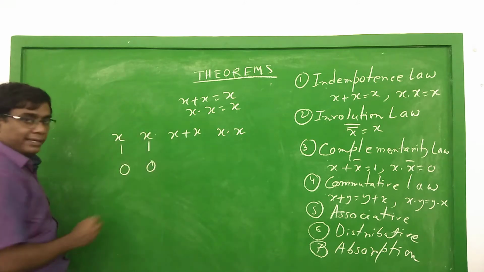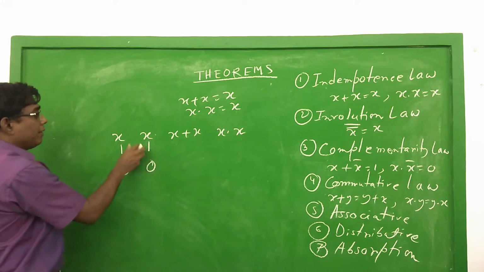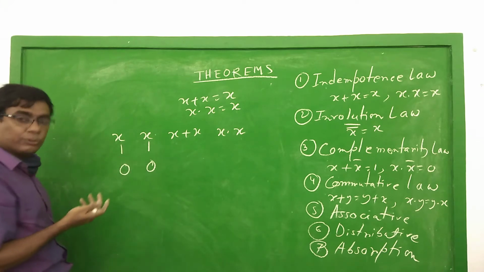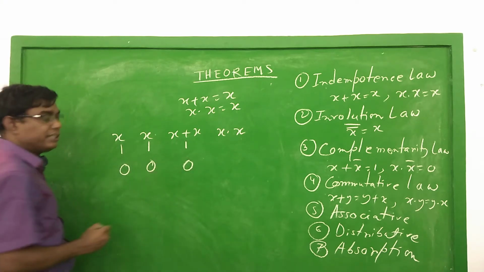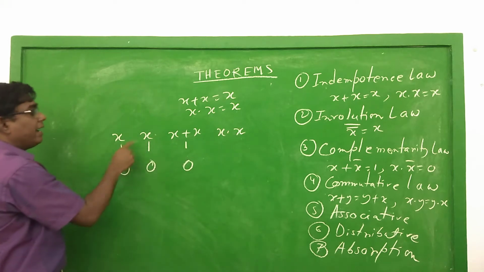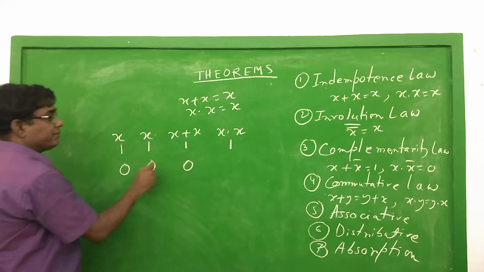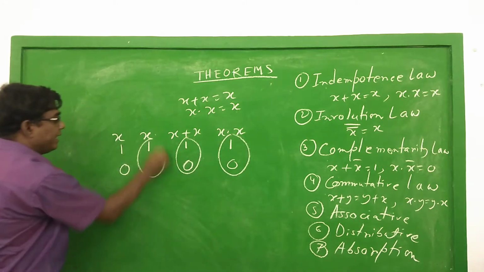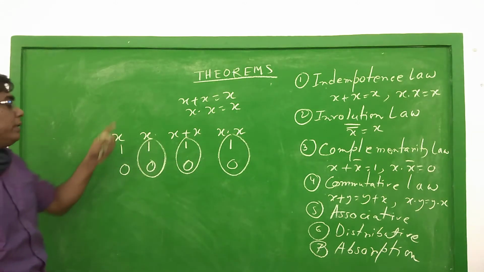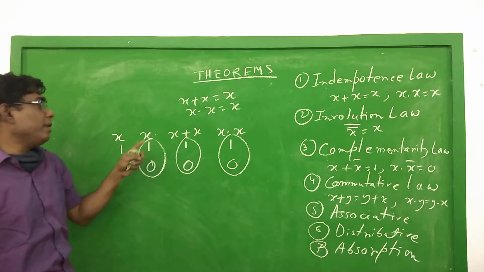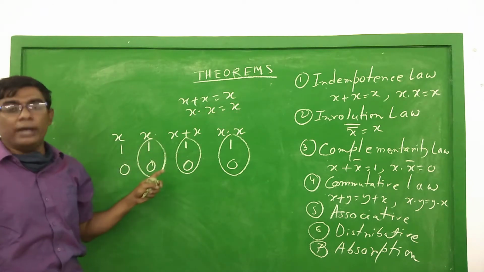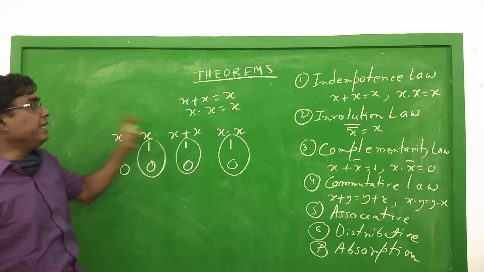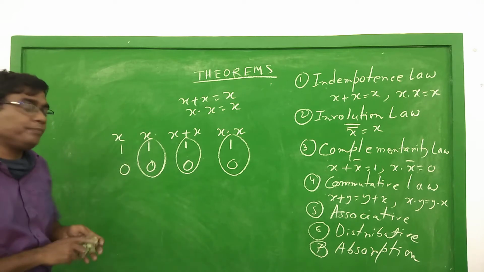Now x or x: if we get only 1 in the input, the output is 1. So this is 1 and this is 0. X and x: 1 and 1, we get 1; 0 and 0, we get 0. This means the truth values of these are all the same. So we can prove x or x equal to x and x and x equal to x because the truth values of all three are the same. So this is idempotence law.